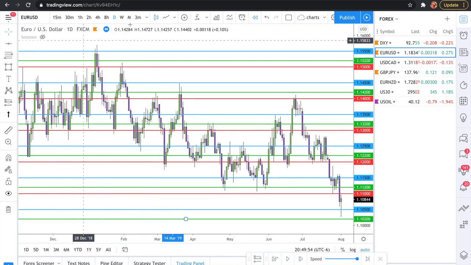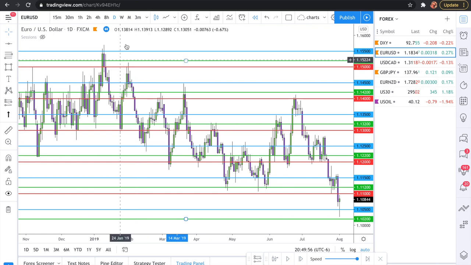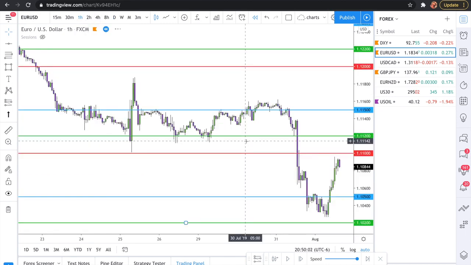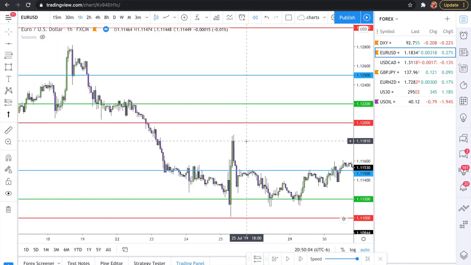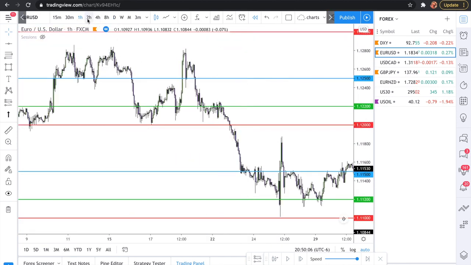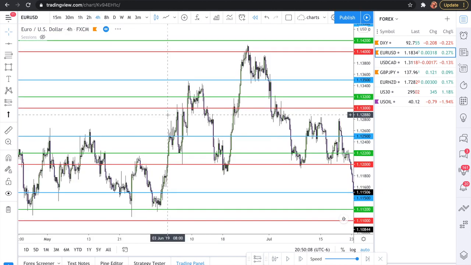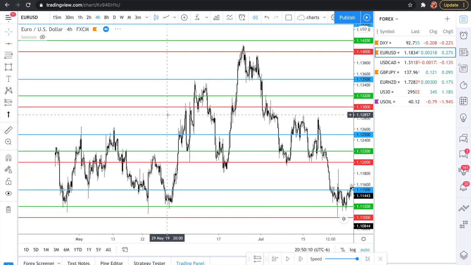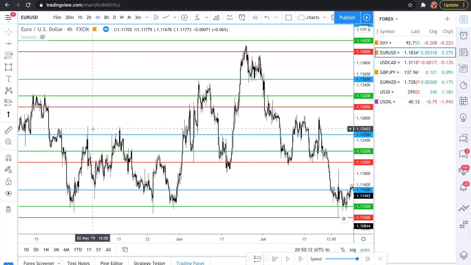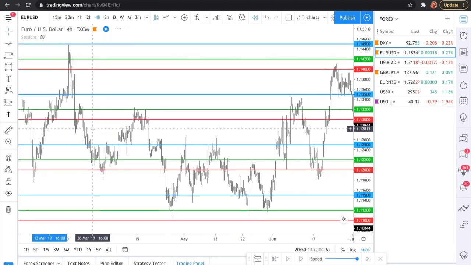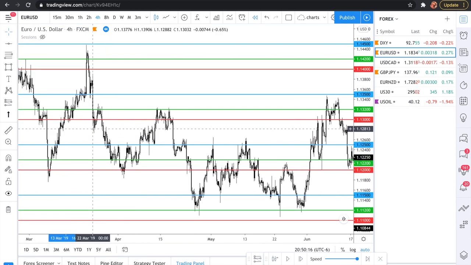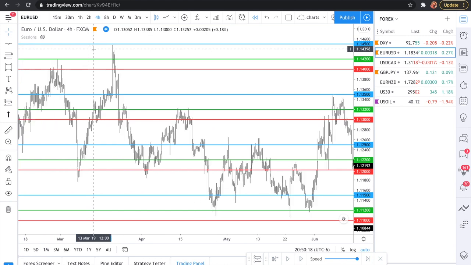Okay, so let's just break it down. We also have the three-quarter levels, but I don't want to get too messy. So let's just break it down here. Near these numbers, for example, let's start here at 114.5.